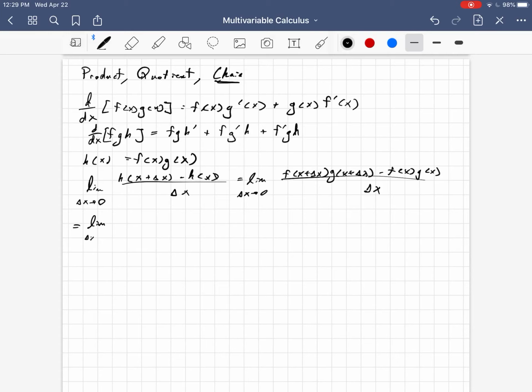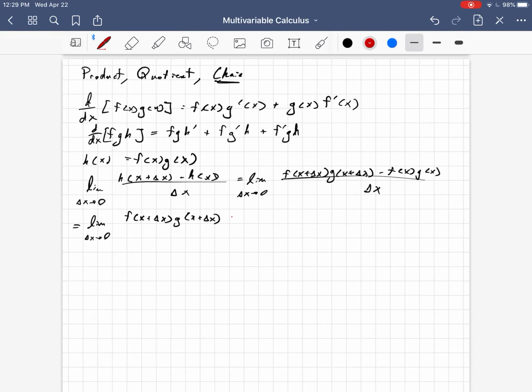Okay, now here's a little bit of the tricky part. I'm going to add 0. I'm going to add 0 in a convenient form. It is funny to me that the most basic rules in calculus that are used so much are ultimately proved by adding nothing.